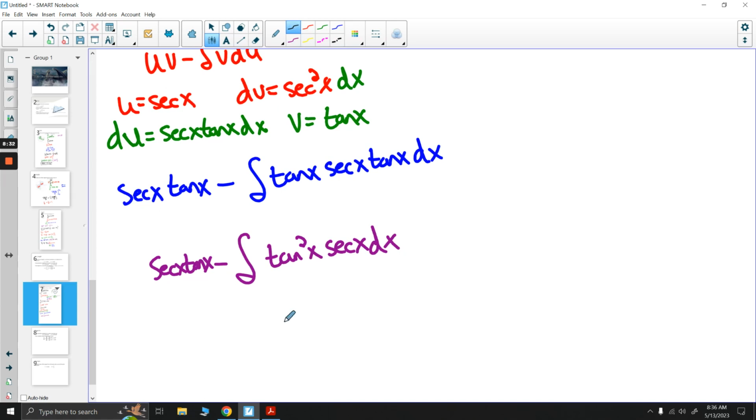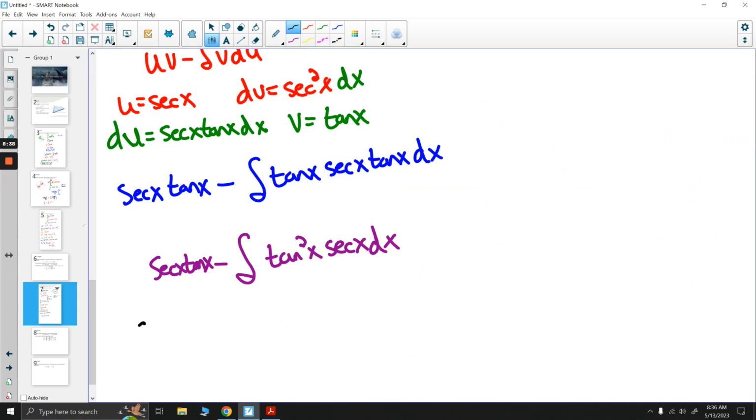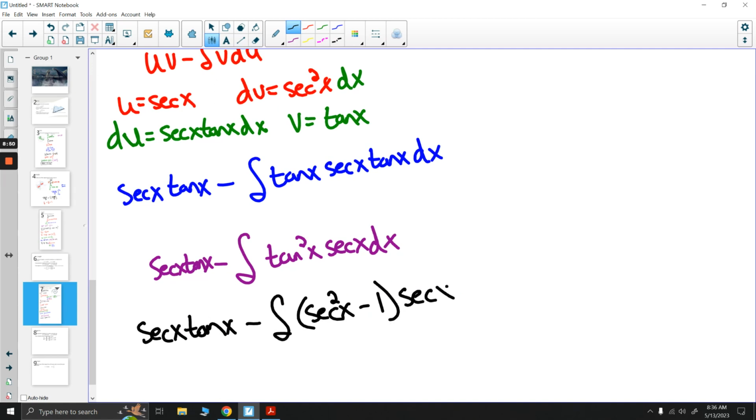Now, tangent squared x, as a reminder, going to our Pythagorean identity, that's going to be secant squared minus 1. So we have secant x tangent x minus the integral of secant squared x minus 1 times secant x dx.